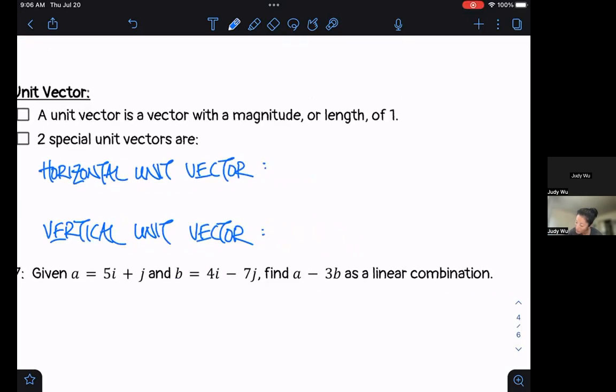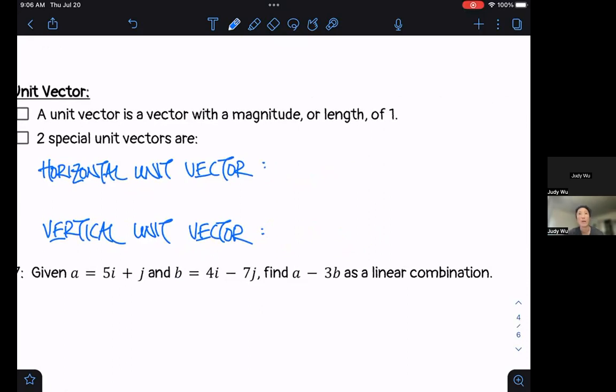The horizontal unit vector, we often call i. Now, this is not the same i as the imaginary i, but rather a vector that is horizontal length 1 and vertical length 0. So we go over 1, but we don't go up or down any. And then the vertical unit vector, we use the letter j.